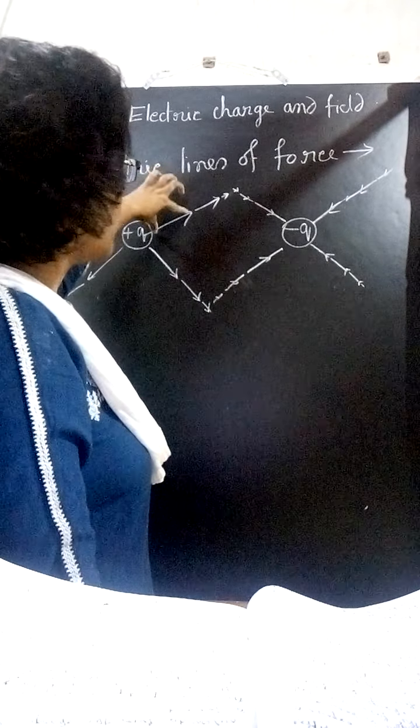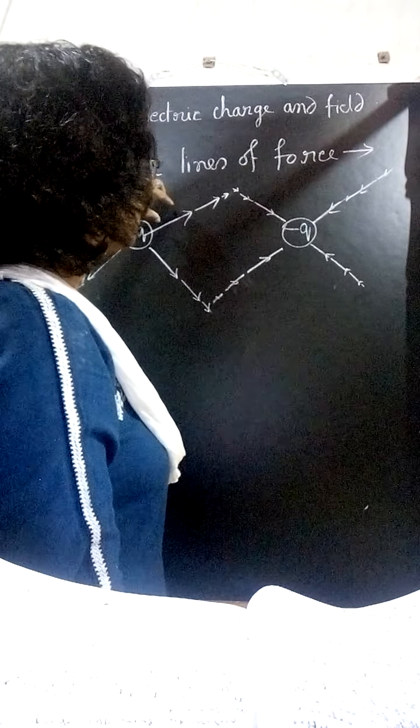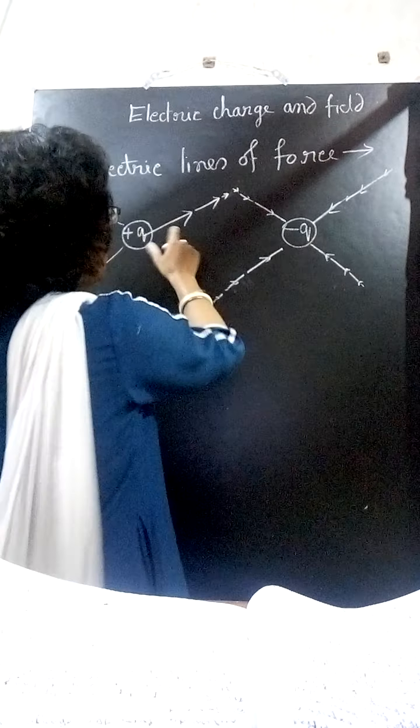So you are seeing that the length of the line, the first one is bigger, the second one is less, that is the size is continuously decreasing.